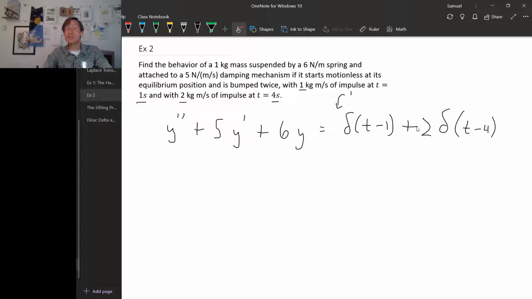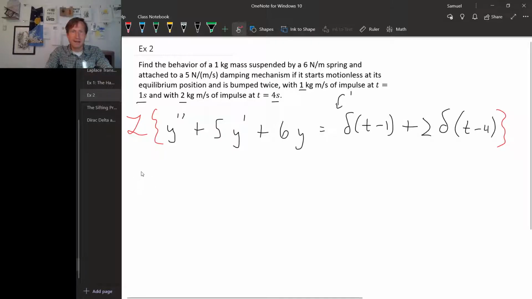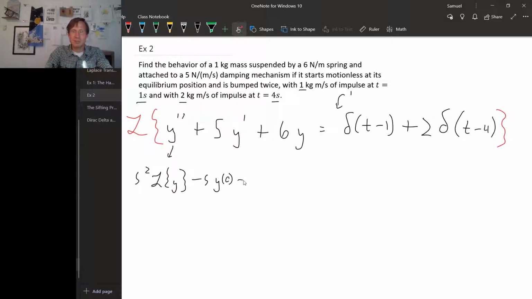Great. Now that we have this differential equation written down, we can just hit the whole thing with Laplace transform. So coming from y double prime, we get s squared Laplace transform of y minus s times y of 0 minus y prime of 0.